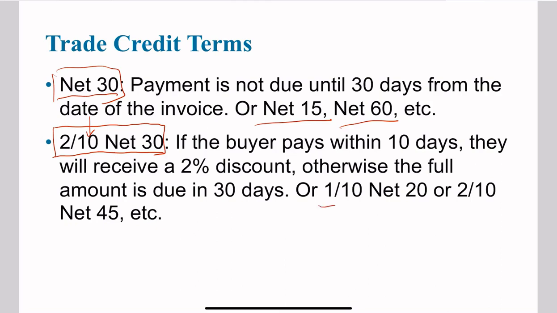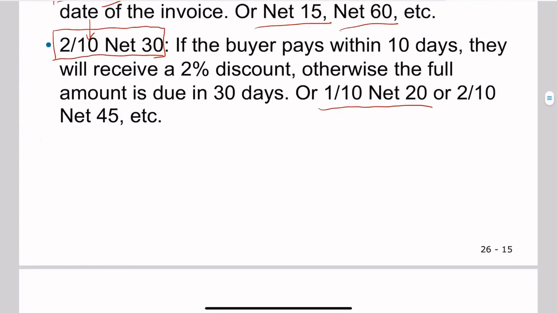So similarly, 1/10 net 20 means that if the firm's customers pay within 10 days, then there will be a 1% discount. And if the customer waits for 20 days, then there's no discount, right?